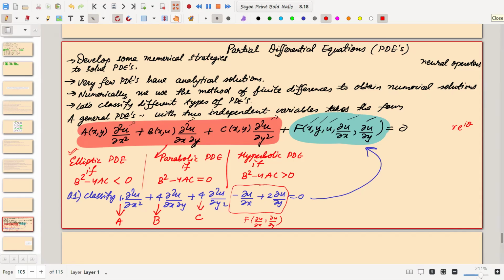So what is b square minus 4ac? You see that b square minus 4ac is equal to 0 here. That implies it's a parabolic PDE.